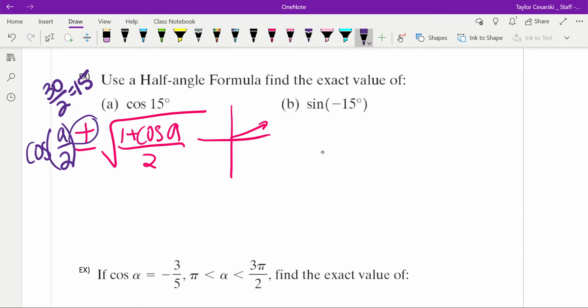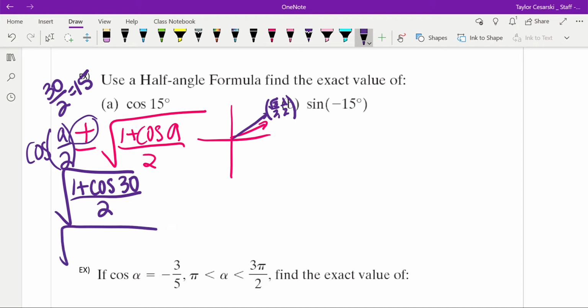So it's going to be 1 plus cosine of 30 divided by 2, and we're talking about degrees here. Okay, so I need to find the cosine of 30 degrees. The cosine of 30 degrees is, my coordinate right here is square root of 3 over 2, comma 1/2. Okay, so the cosine value is square root of 3 over 2. Obviously it couldn't be 1/2 because that'd be too easy. So 1 plus square root of 3 over 2, divided by 2.